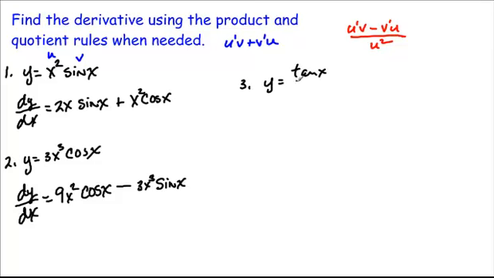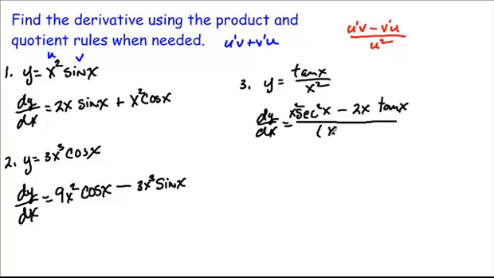So dy/dx would equal the derivative of the top, and if you remember the derivative of tangent is secant squared x, times the bottom, and I always park that in front, minus the derivative of the bottom, 2x, times tangent x again. All over the bottom squared.